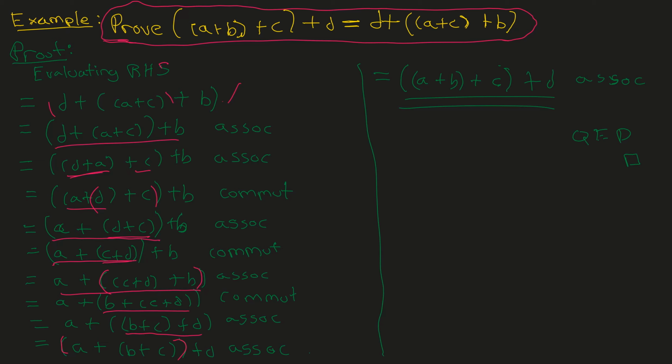Then the final step, I'm just using associativity again to move the brackets from b plus c to a plus b, and we're done. The left hand side looks exactly like the right hand side. So we've just proved the associativity and commutativity of natural numbers for addition.